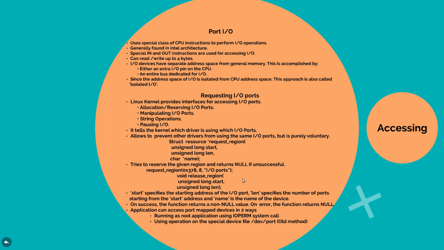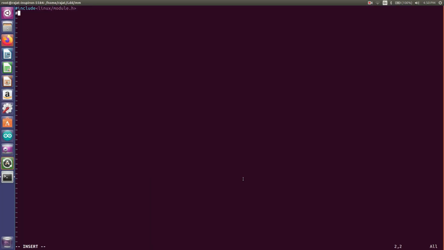Start specifies the starting address of the IO ports, length specifies the number of ports, and on success the function returns a non-null value; on error the function returns null. So we can do it here. Linux slash ioport.h, hash include, we need to include ioport here, and the init one.